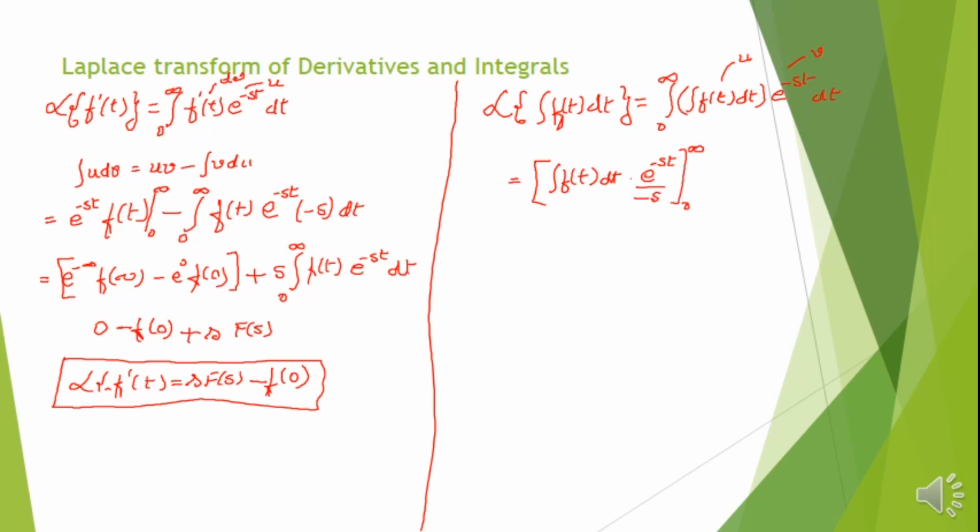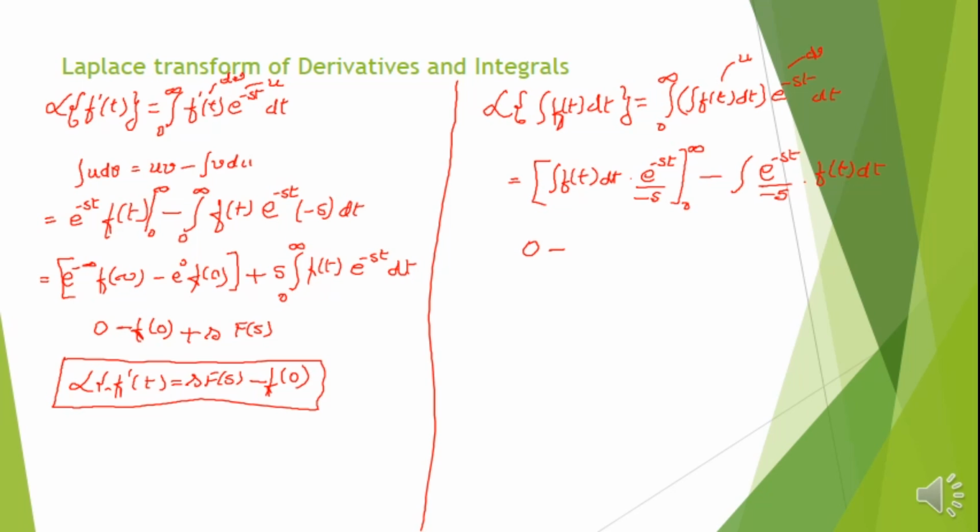Minus integration of v du. v means e to the power minus st by minus s, into differentiation of integration, means f of t dt. Now when t is equal to infinity, what will happen? This is 0. So 0 minus, when t is equal to 0, this is 1.